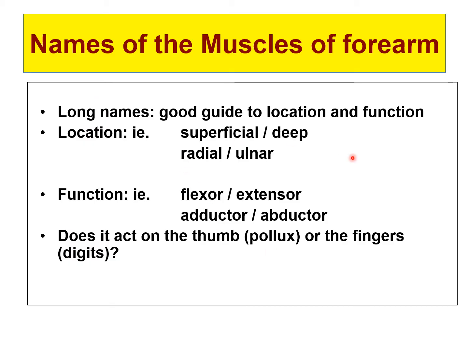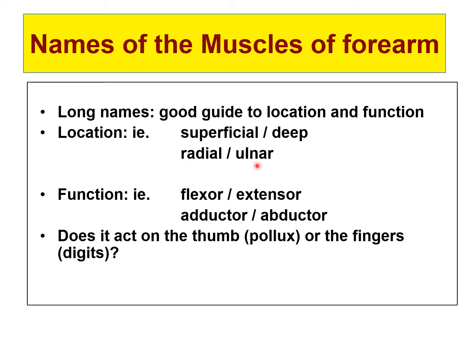Before we move to the forearm muscles, just something: long names guide us to the location and function of, or attachment to, the muscles. We can take help from the names to identify their location, their attachment or their function. Like superficial or deep: superficial means they are near the skin and deep means they are away from the skin. Radial and ulnar: if the muscle is toward the radial or lateral side, it will be radial.